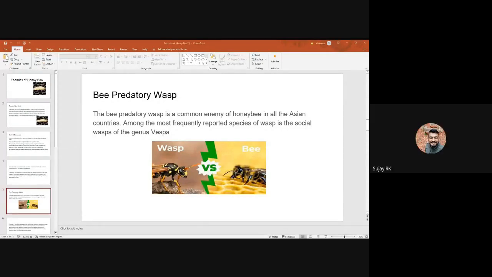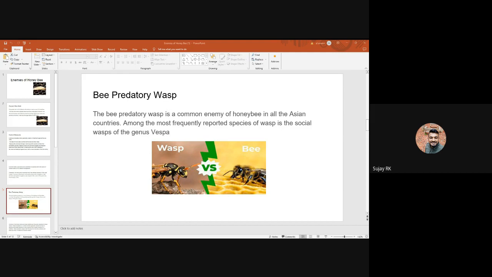Okay, sir. So here you can make out the difference between the wasp and bee, because most of the time the appearance of the bee and wasp might be similar, and from a distance we are not able to make sure whether it is a bee or a wasp. These predatory wasps affect the colonies of both Apis cerana and Apis mellifera, and they reportedly make the colonies weaker.